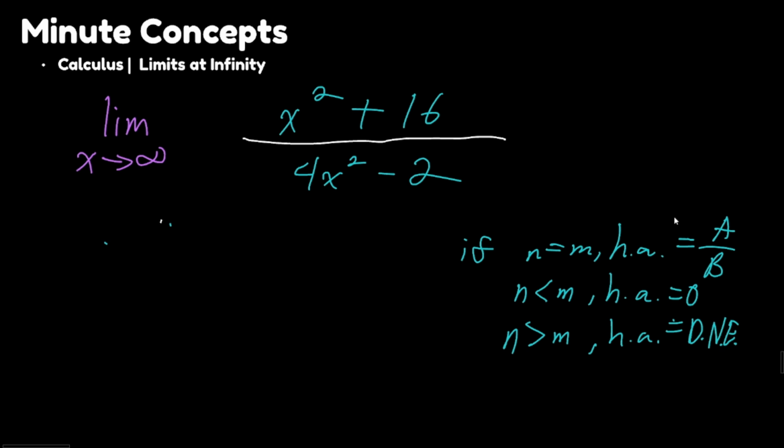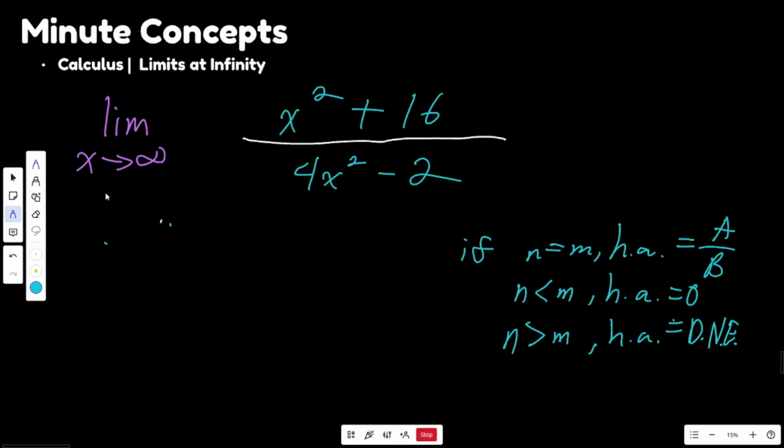So, all we have to do to get the limit of this function as it goes towards infinity is to get the result of dividing the coefficient of the highest degree term on the top by the coefficient of the highest degree term on the bottom. Here we can see that our highest degree term is x squared on both sides.